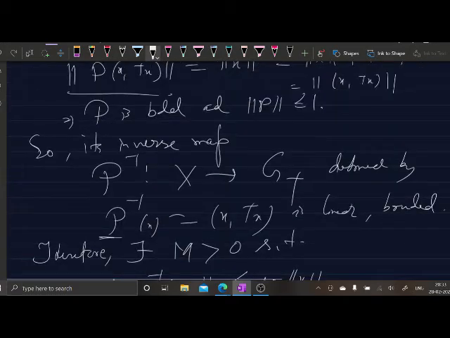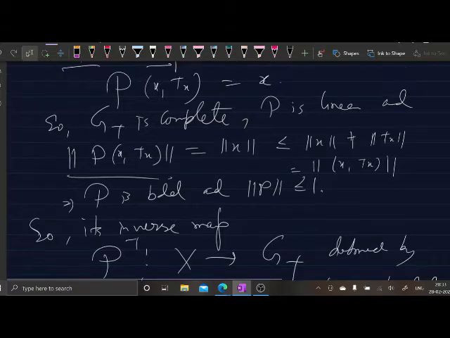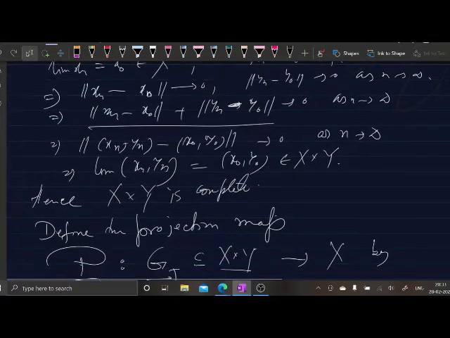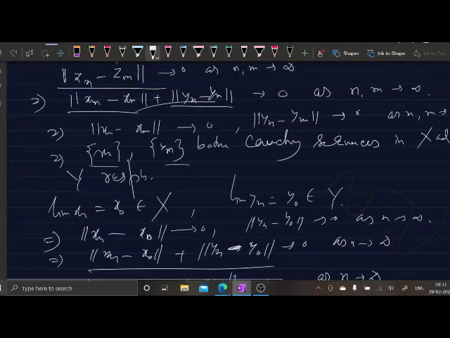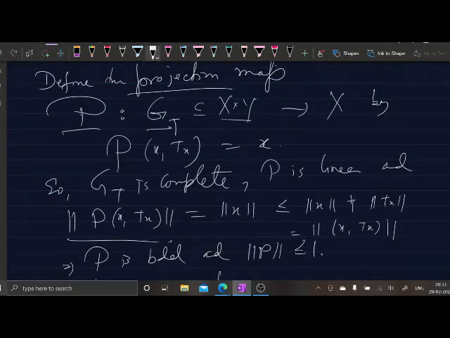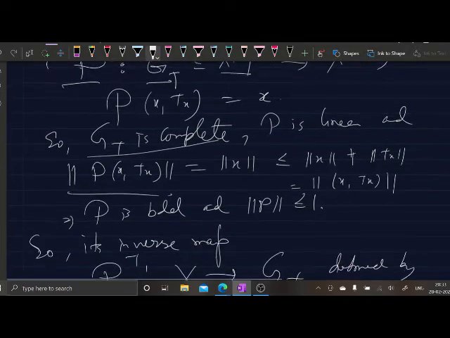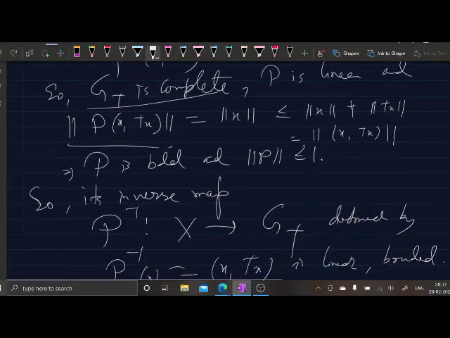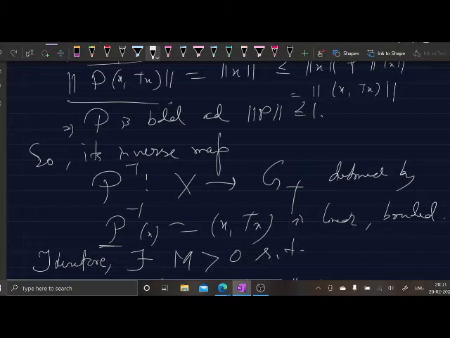The proof is very simple. We just need to check the completeness of X cross Y with respect to the norm defined here, and after that you need to define this projection map, and it is bounded linear, the graph of T is complete, and since the map is a bounded linear transformation from G_T to X, you can conclude that the inverse map is also a bounded linear transformation.